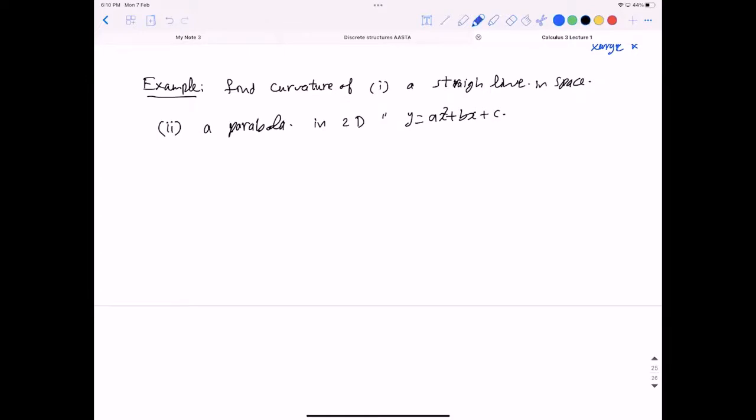So number 1 is very easy. And comment on the cases of coefficients.